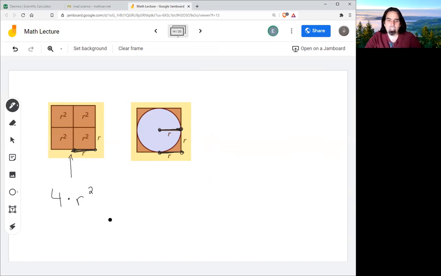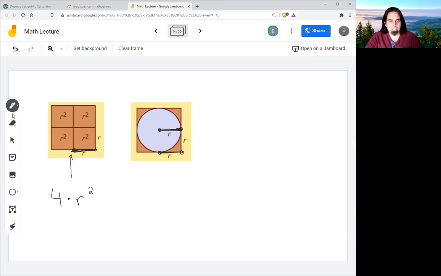So the question is, how many of these 4 boxes does the circle cover? It looks like it covers a lot more than half. So it's more than 2 of those r squareds. It's not all 4 because you can see the little corners peeking out. Do we think it's bigger than 3? Looks, yes, no, it looks kind of close to 3.